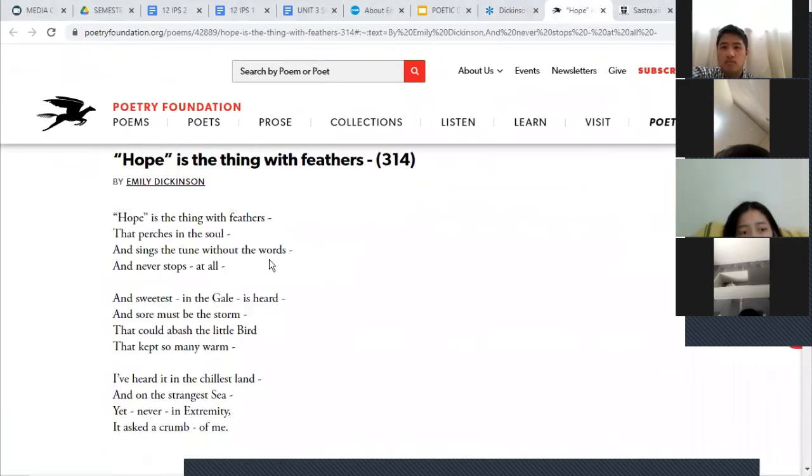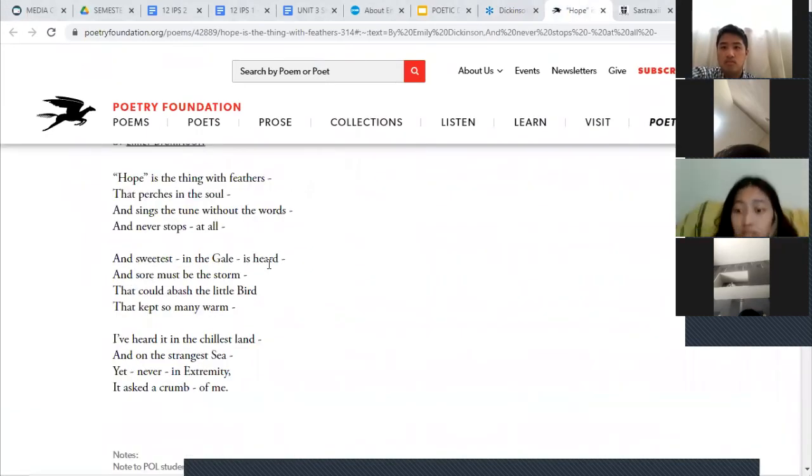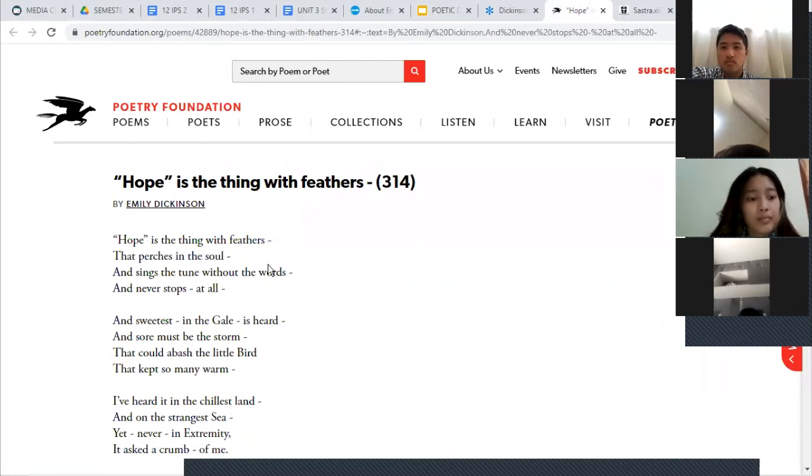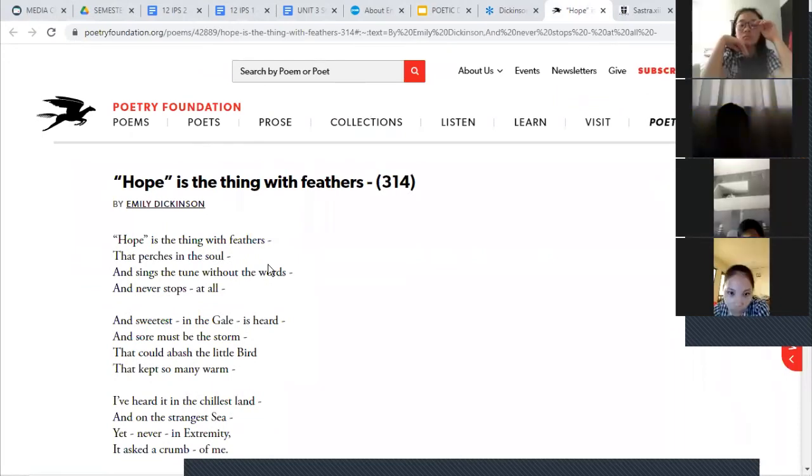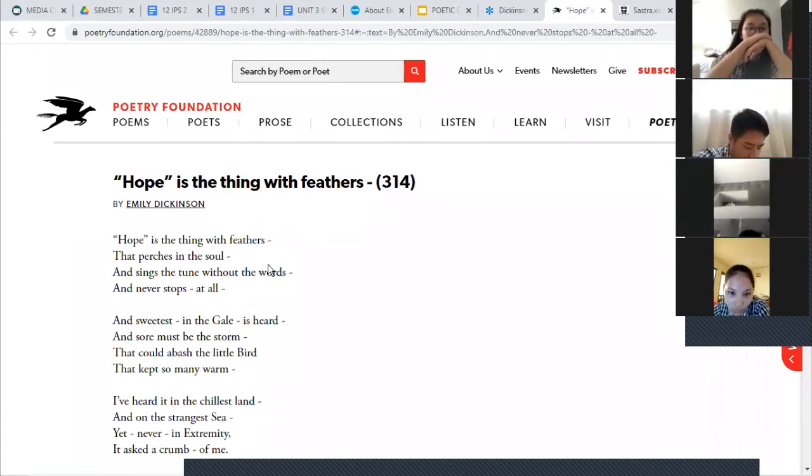Let's look at it. I want to ask Kirana to read the first stanza. Hope is the thing with feathers that perches in the soul and sings the tune without the words and never stops at all.